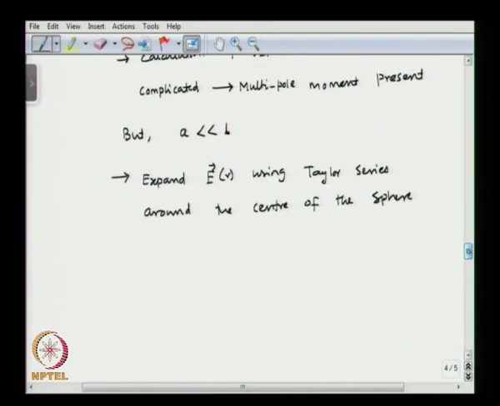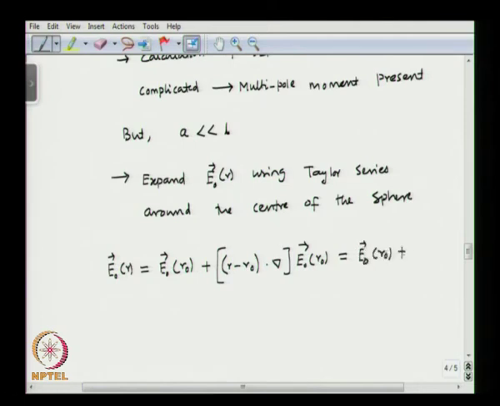If we do that, E of r is going to be E0 of r0, that is the center of the sphere, plus r minus r0 into the gradient of the electric field, which is nothing but E0 of r0 plus a term which is of the order of a over L, and since a over L is negligible, this term can be dropped.